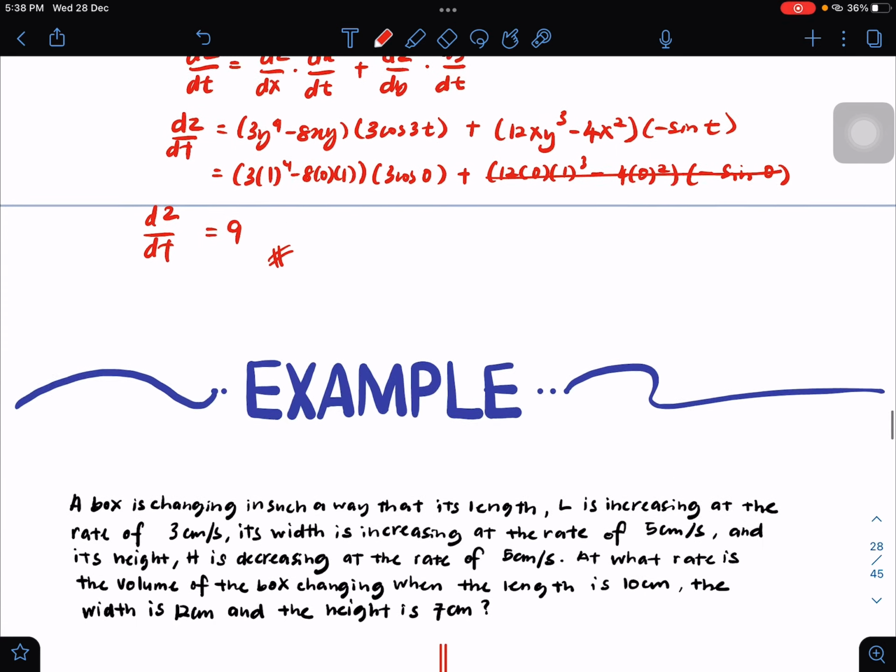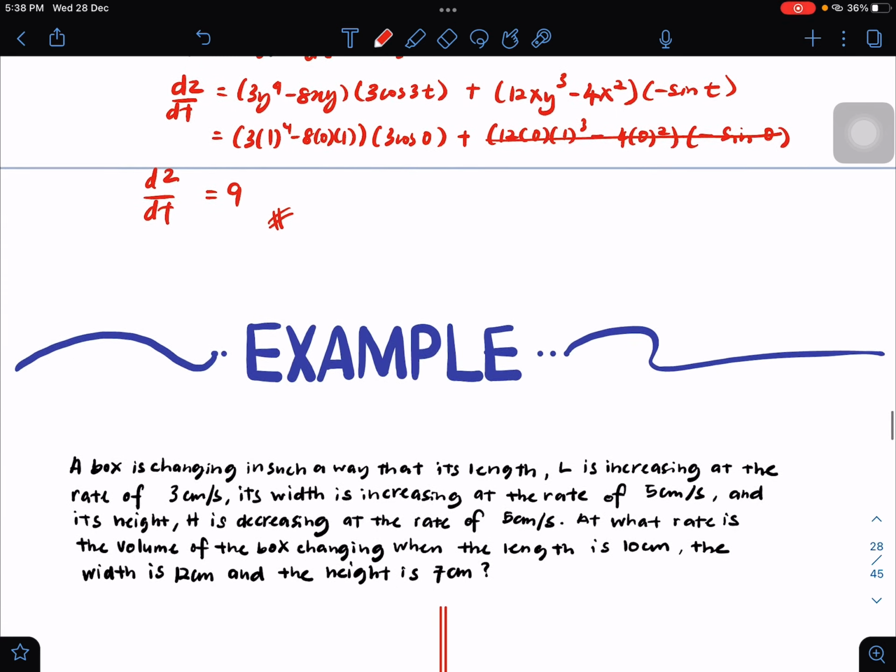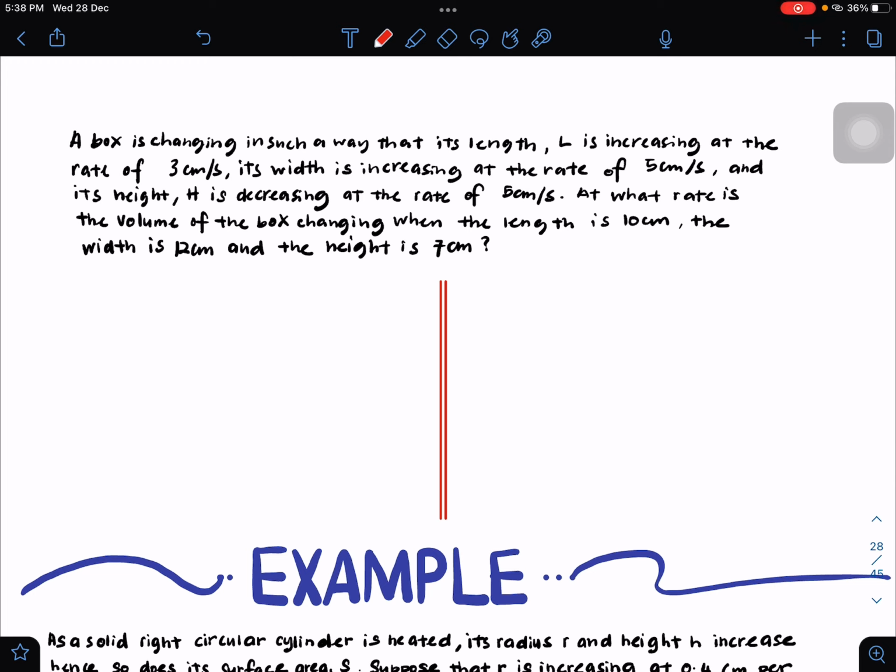Okay, so let's see this example. This one is a related rate problem, rate of change. A box is changing in such a way that its length L is increasing at the rate of 3 centimeters per second.